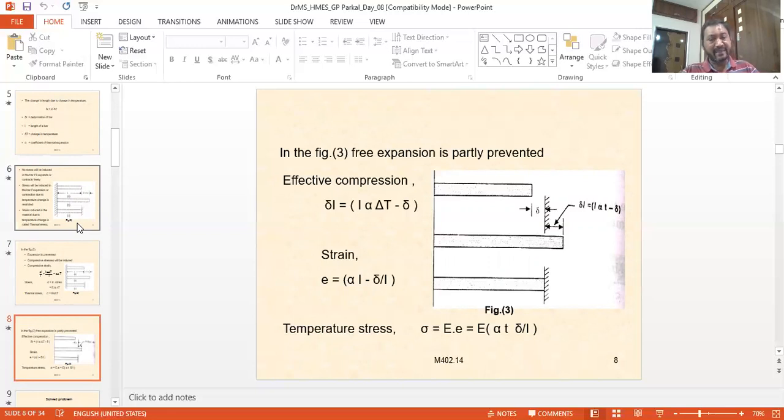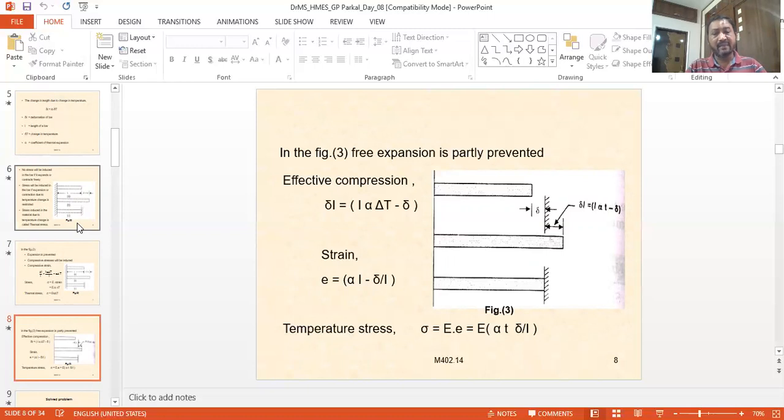So now the strain is equal to, we know, delta L by L. Here the delta L, how much the length is prevented, is equal to L alpha T minus delta.